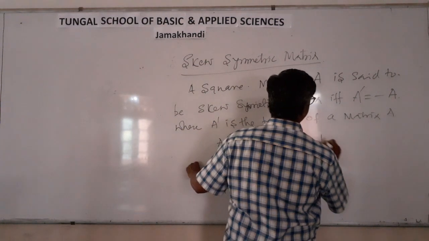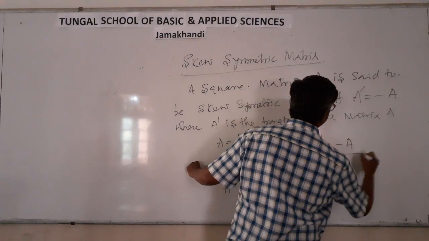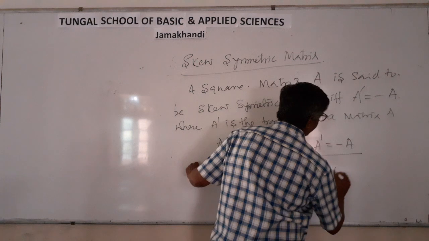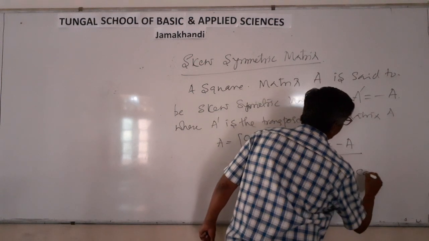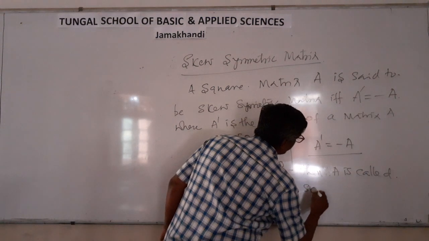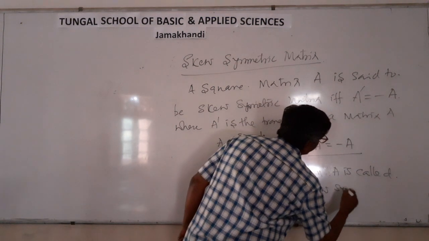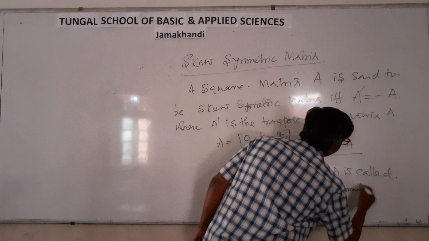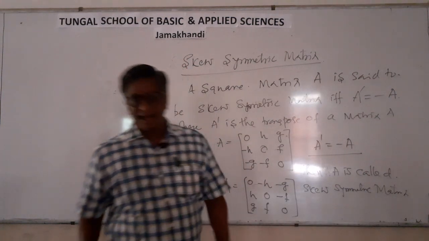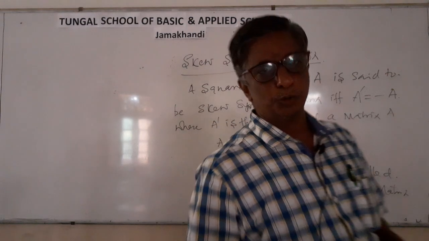A dash equal to 0, minus H, minus G; H, 0, minus F; G, F and 0. A dash is equal to minus A, then A is called a skew symmetric matrix.